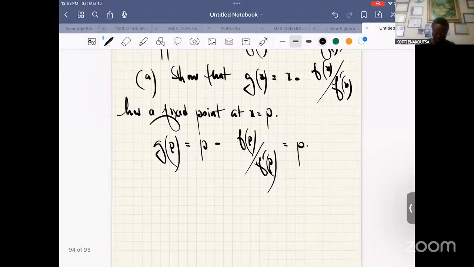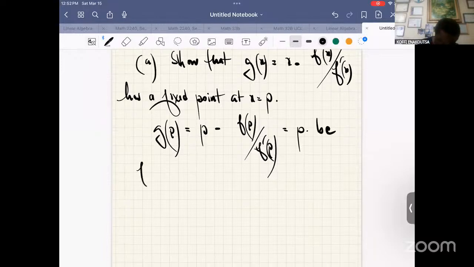Okay, easy because f at p is 0. So p is a fixed point.